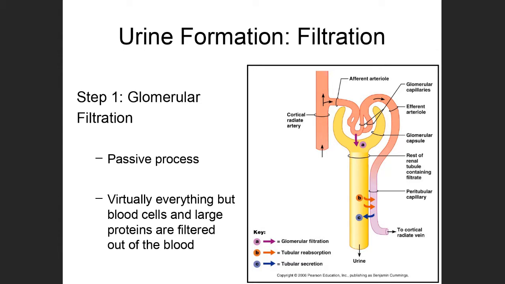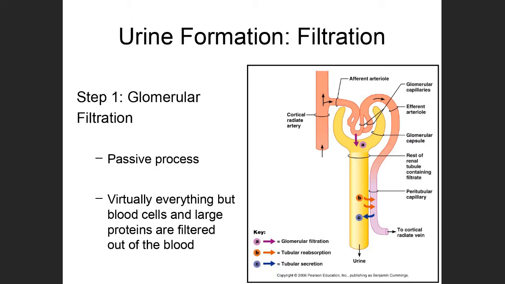So the afferent arteriole is the structure of the glomerulus that brings blood down here into the capillary knot where it's actually filtered. The efferent arteriole is the blood vessel that's taking blood away from the glomerulus once it has been filtered. And you'll notice that that efferent arteriole comes down and actually runs along the renal tubule and becomes the peritubular capillary.